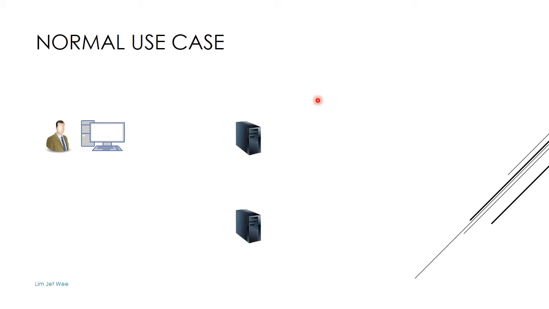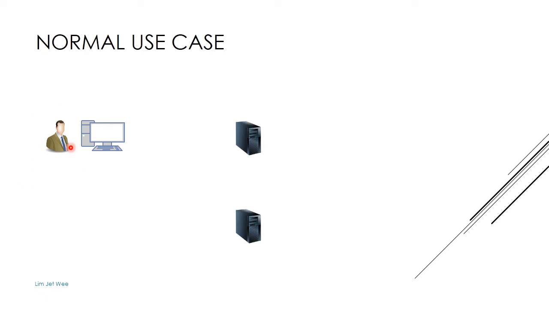From your networking subjects, you will know that whenever I type a URL, it goes to the DNS, and the DNS tells me the IP address, so that my browser can go to that IP address and do whatever I'm supposed to do, so I can access that particular website. So let's understand what normally happens first. I call this the normal use case of the DNS with this cache.